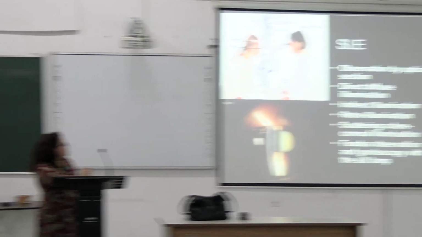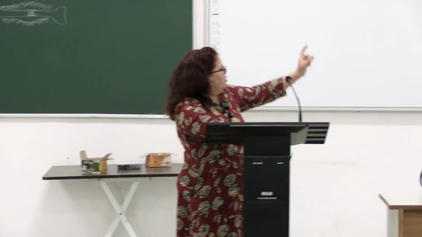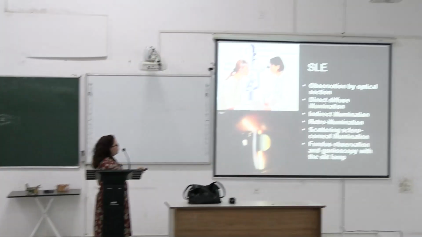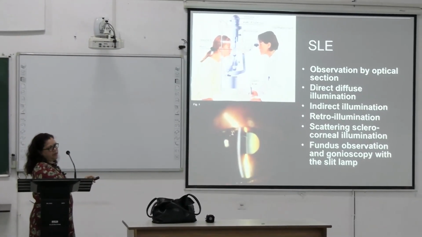This one is the patient, and that one is the doctor who observes the eye and examines the patient. Observation is by optical section, and diffuse direct illumination and indirect illumination.